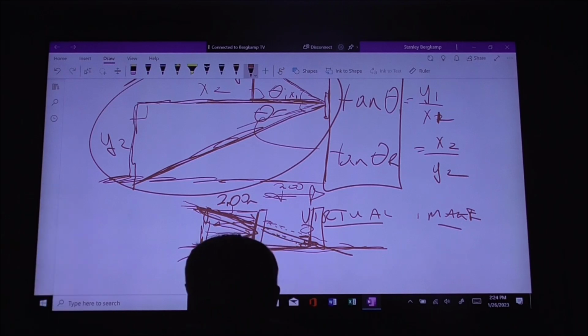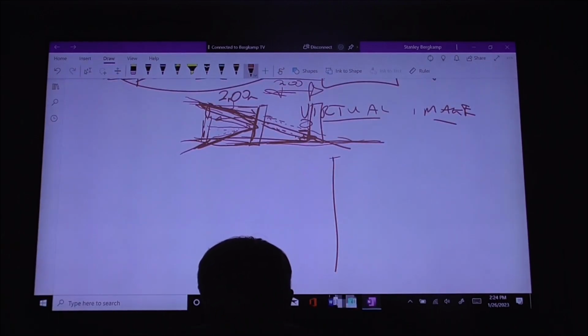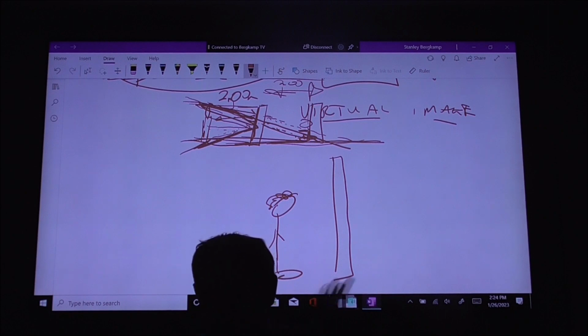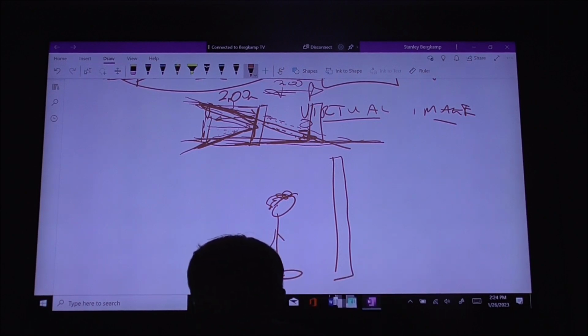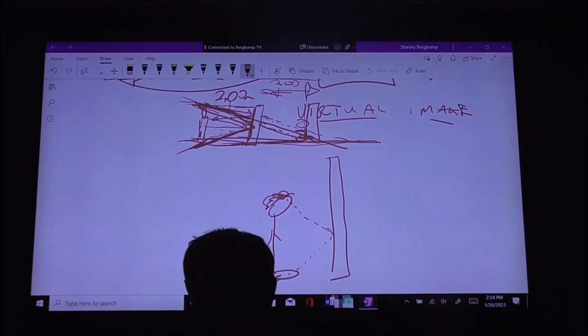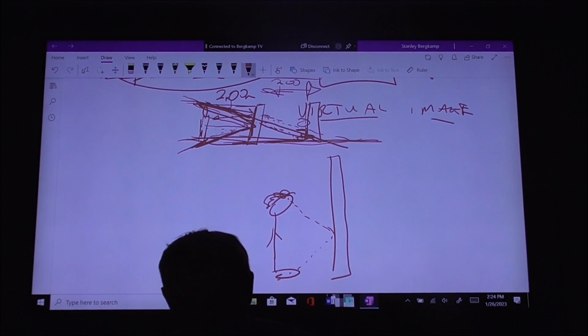So if you're standing in front of a full-length mirror, here's Louis, he's getting ready in the morning. Here are his shoes. It's like a 7-foot mirror. Louis looks down and sees his shoes in the mirror, right?